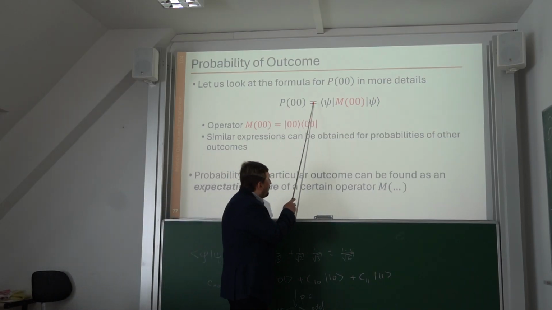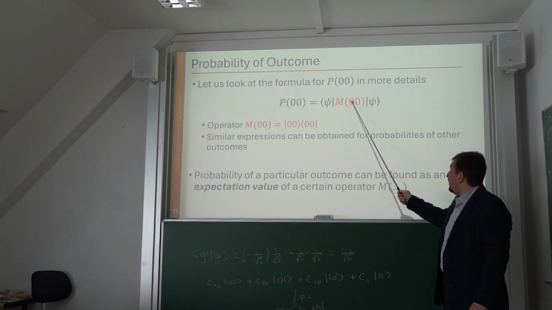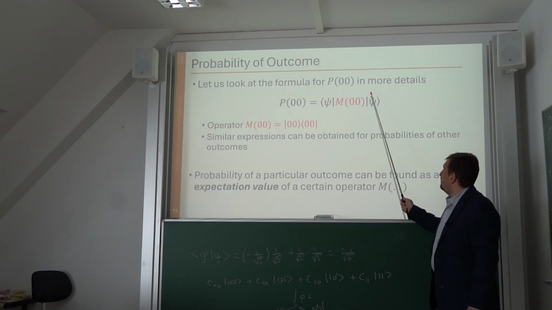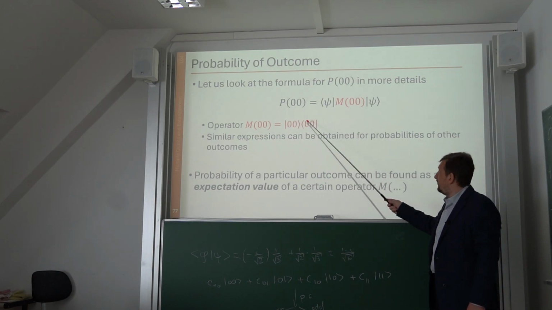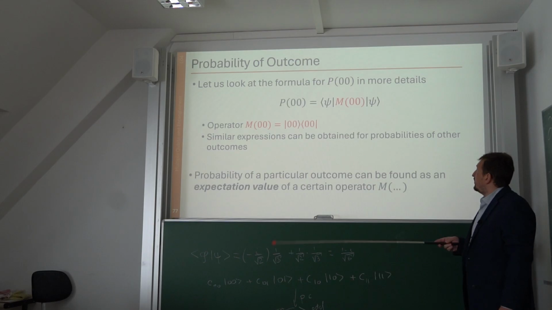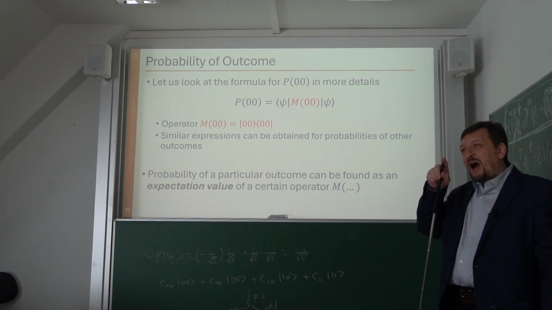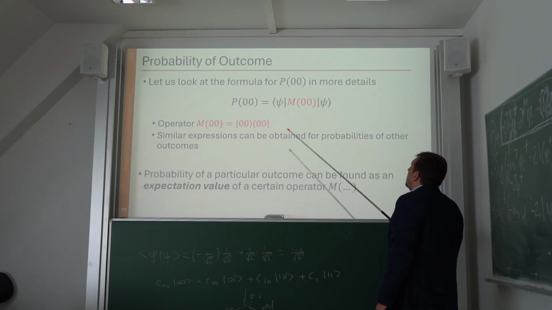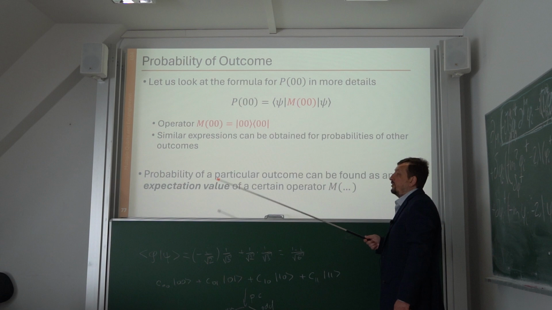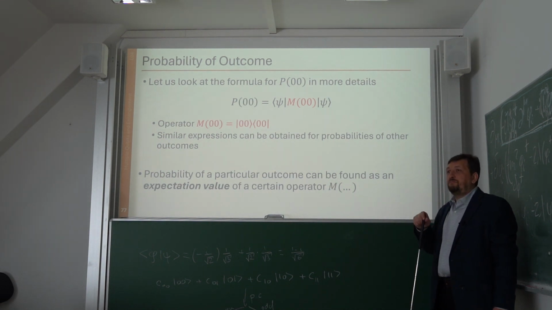And the probability of our outcome, this is the formula for expectation value. So I have the operator inside this psi sandwich. This is expectation value. Okay. So the probability of any measurement, or the probability of a particular outcome of any measurement, can be written as the expectation value of a certain projection operator. And this is the basis for all types of measurements that we can imagine.